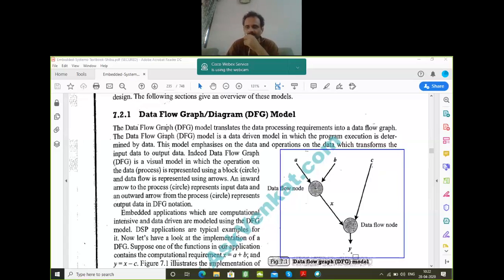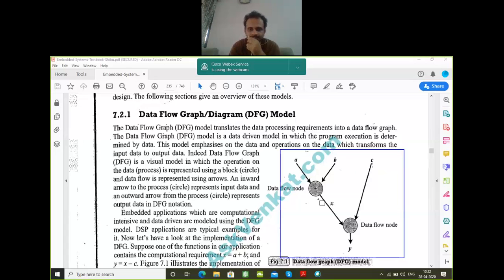This plus and minus are called data flow nodes, and they are represented by circles. The inward arrow, pointing towards the node, is the input, and the arrow pointing outward of the node is the output.